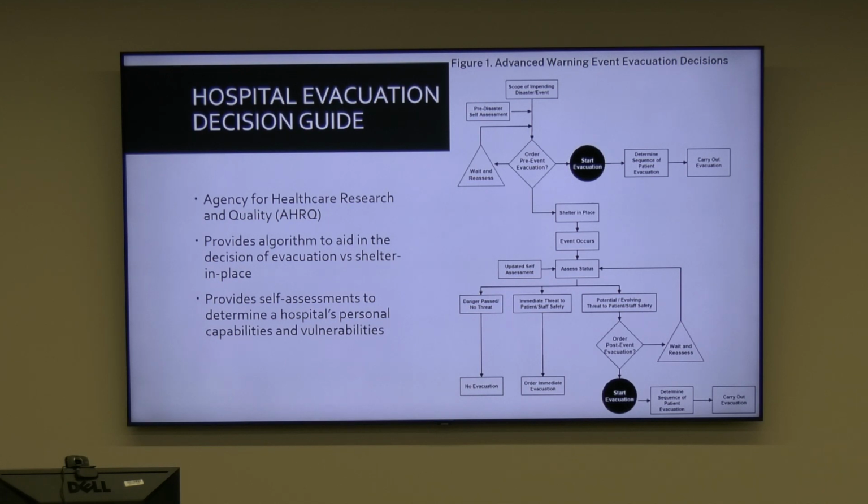So if you are a smaller hospital that has nowhere to put a generator except in the basement, and you know it's going to be the first thing to be flooded, you are probably going to want to evacuate sooner than a larger hospital that has put in more resources to protect themselves and continue operations despite a hurricane. Being aware of those things is really important in the pre-disaster self-assessment.